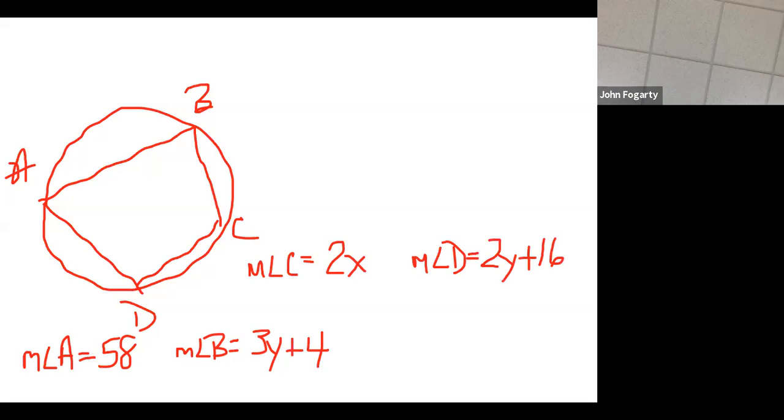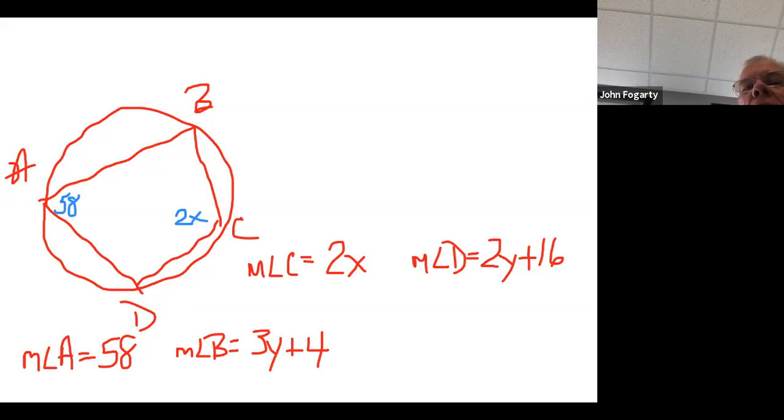All right, now, before you even start, fellas, you'll notice A and C are opposite, B and D are opposite. You'll notice when they give you B, they used a Y, and when they give you D, they used a Y, right? Because they're the opposites. They couldn't mix the X and the Y. The X is with the 58. So if I label this picture correctly, I would put a 58 right here, and I'd put a 2x right here.